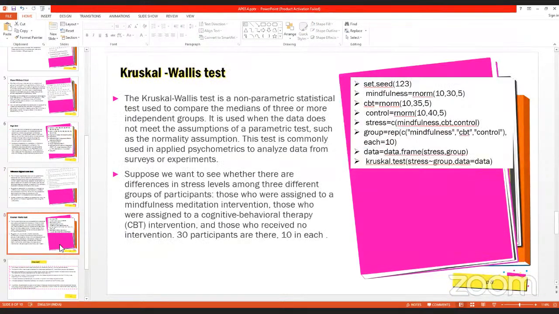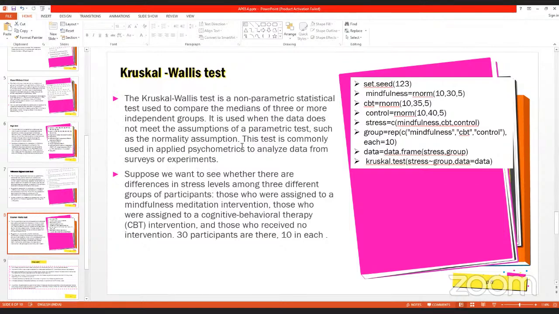Now next is this one, the Kruskal-Wallis test. The Kruskal-Wallis test is a non-parametric statistical test used to compare the medians of 3 or more independent groups. It is used when the data does not meet the assumption of a parametric test, such as the normality assumption.